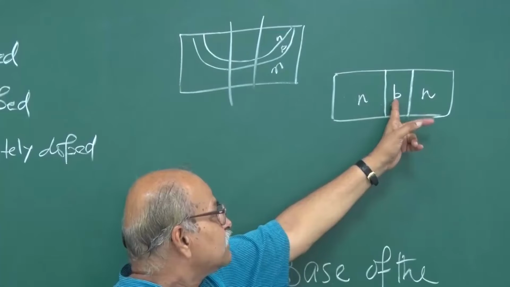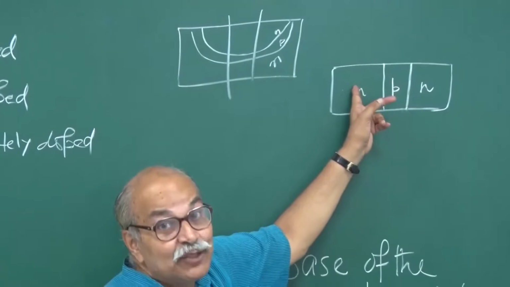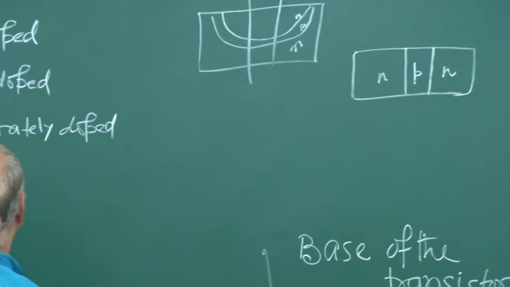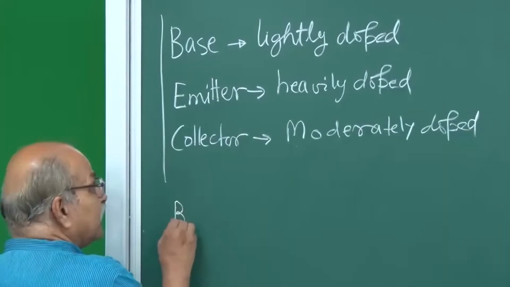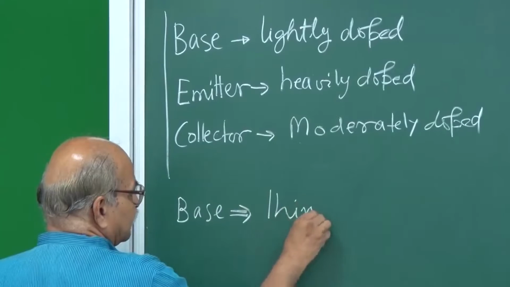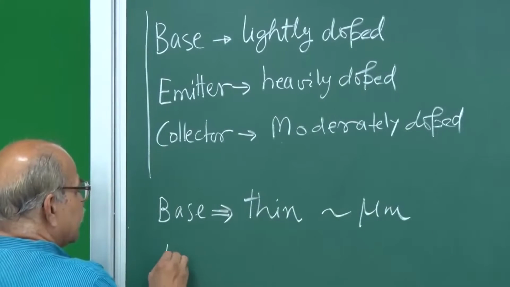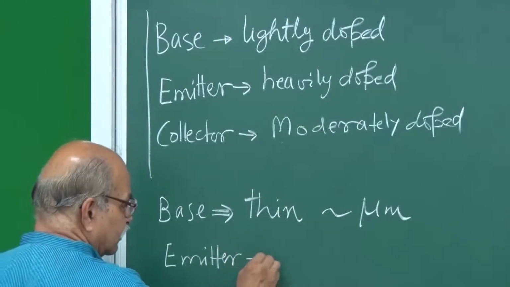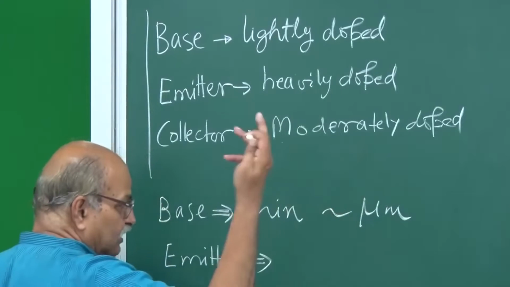Doping level: the base is very lightly doped, one of the other two, the emitter, is heavily doped, and the other is moderately doped. The second is the geometrical parameters, the thickness. Your base is very thin, of the order of a micrometer, whereas the emitter and collector are relatively much larger, maybe 100, 200, or 500 times.